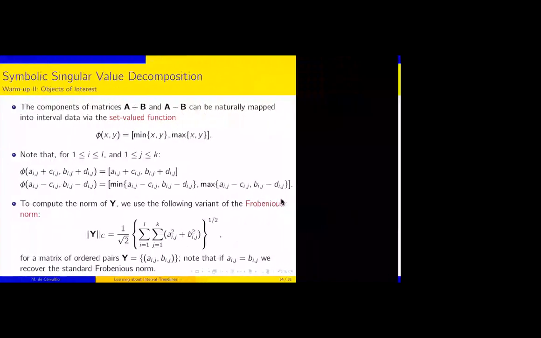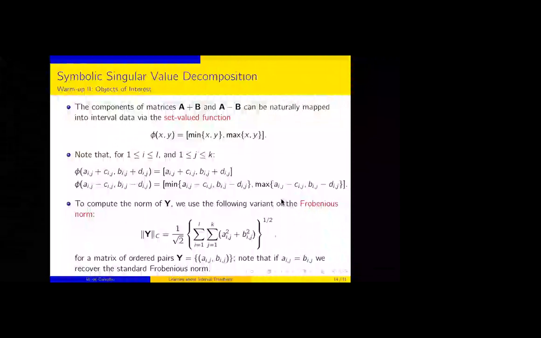Okay, right. So this is just warm up, and in terms of warm up, there are two things. Let's recap. One thing is the symbolic covariance matrix, just adapted to the interval valued nature of the data.